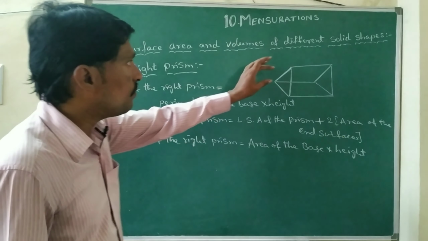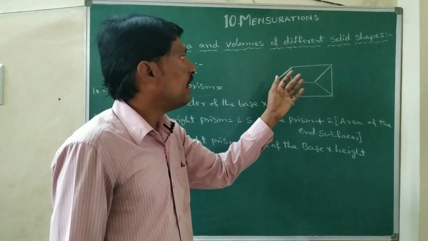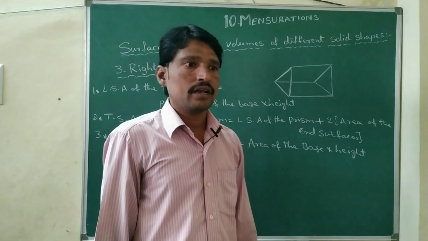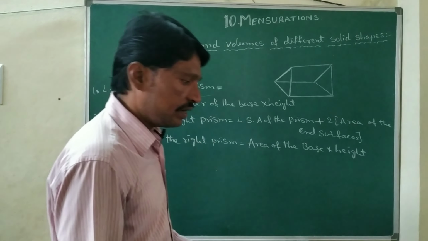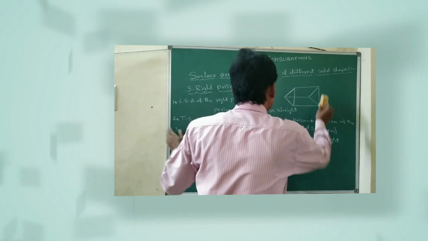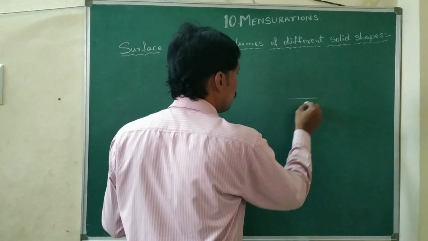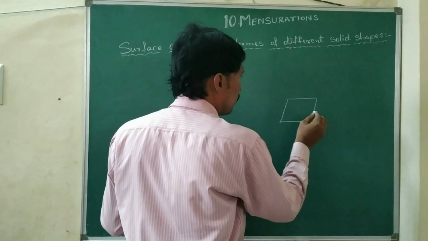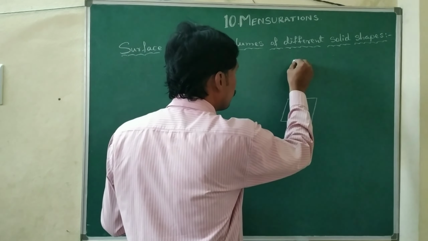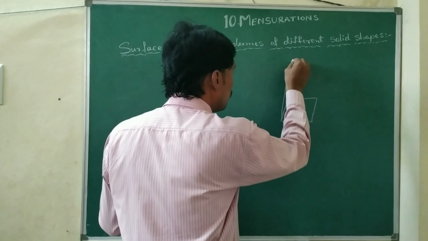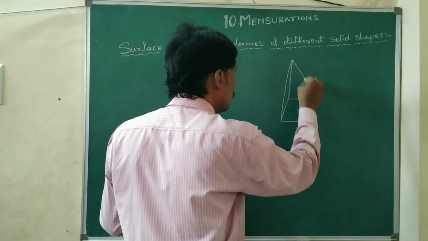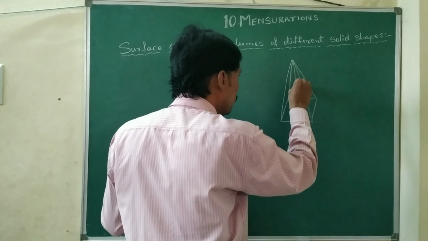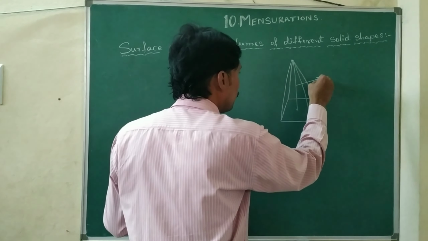This is about the right prism. It is the shape of two triangles and the remaining three sides are rectangular. Next it is the right pyramid. Here you can take one with a square base. This we say is the height of the pyramid.